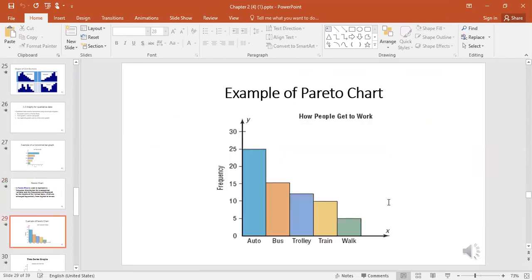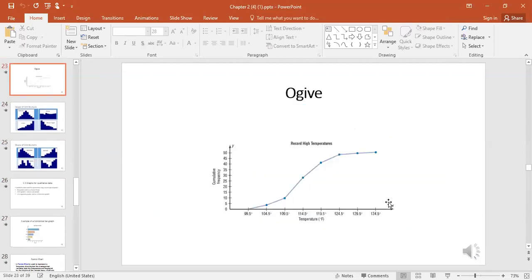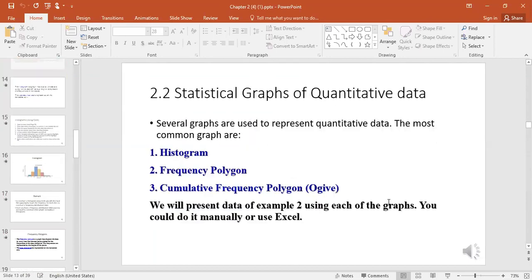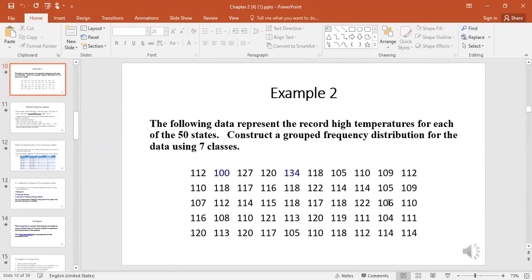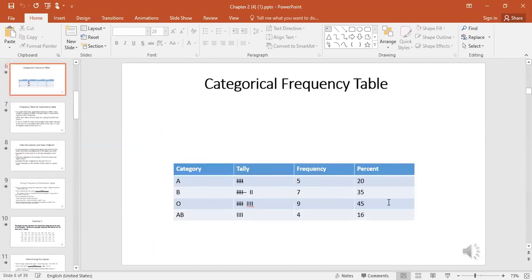You start from the highest bar to the lowest. So we can represent, for example, the blood type, starting from the highest to the lowest.